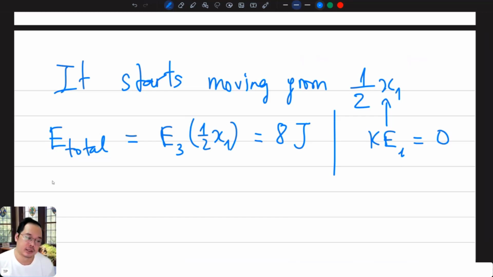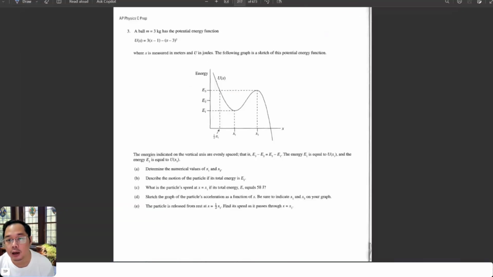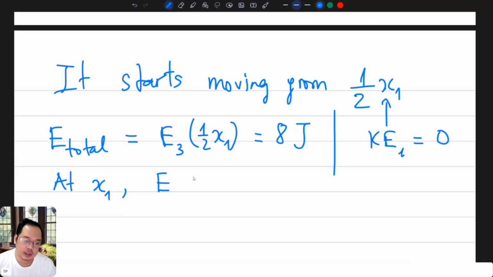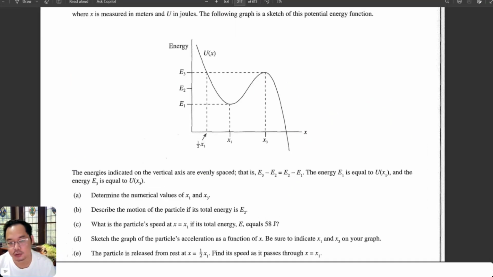And at the new point, x1, according to the graph, let me check that graph here. At x1, potential is minimum, which is 4. The potential energy at this point x1, is that E2?